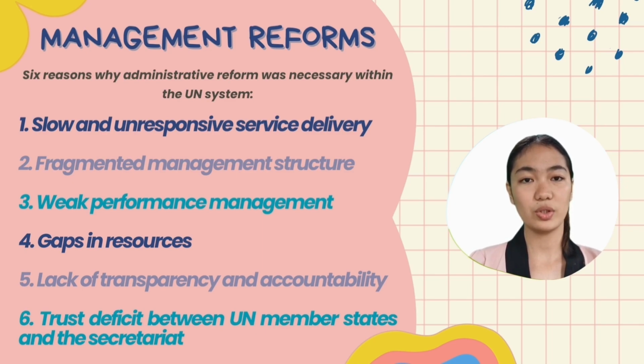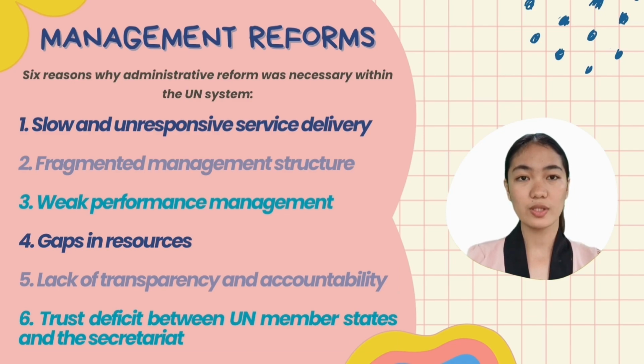Sixth, trust deficit between UN member states and the Secretariat. The UN acknowledged that a trust deficit existed between member states and the UN Secretariat, which hindered its ability to carry out its mandate effectively. Administrative reform was seen as a way to address this issue and rebuild trust.